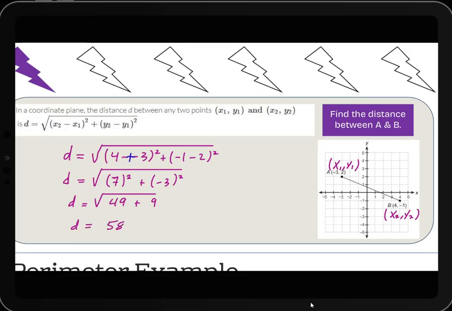So here we have 58. We have the distance now of the figure, square root of 58, and we can input that in and get an approximate value for that. That is going to be approximately 7.62 units. That is the distance of that particular segment approximately in the coordinate plane. That is how we utilize the distance formula.